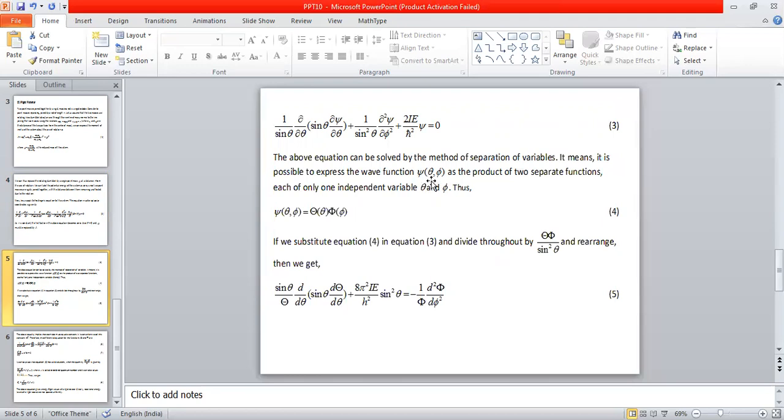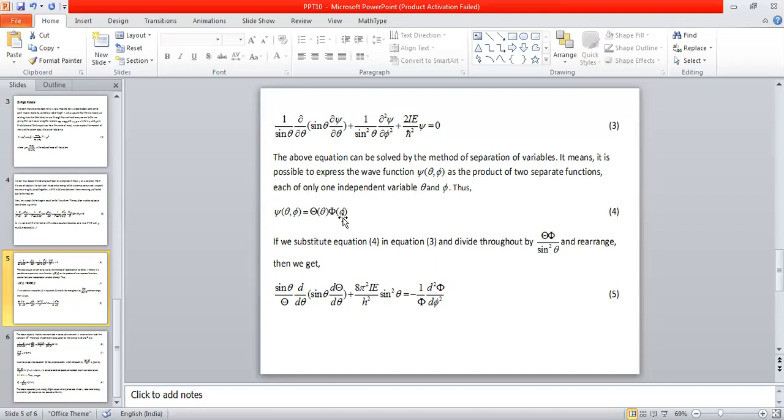So psi is a function of theta and phi. This wave function can be written as a product of two separate functions, each of only one independent variable, theta and phi. For example, psi of theta comma phi can be written as capital Theta of theta times capital Phi of phi. Capital Theta is a function of small theta, and capital Phi is a function of the phi coordinate.